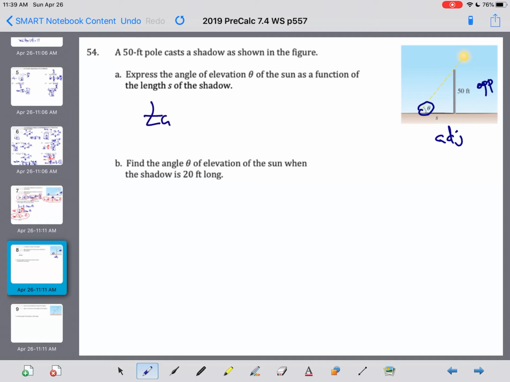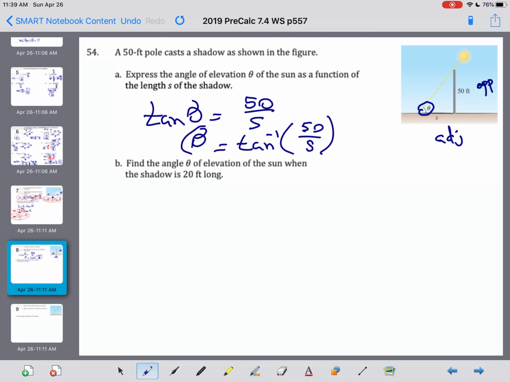So I'm going to say, hey, this is tangent of theta equals 50 over s, and we're talking feet. So again, if I apply inverse tangent on both sides, I'm going to get tangent inverse of 50 over s. I'm not too excited about using the variable s. Mine look like 5s all the time.